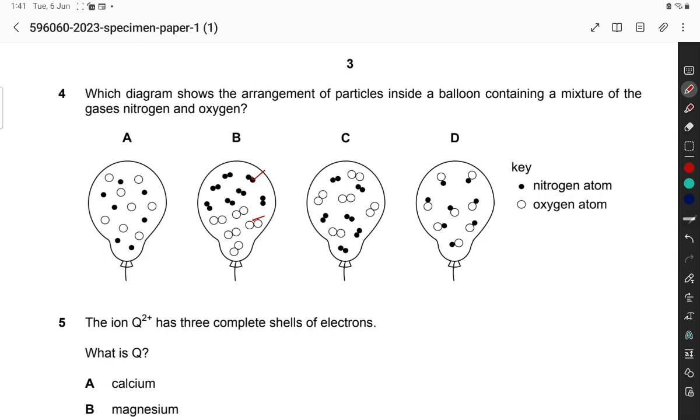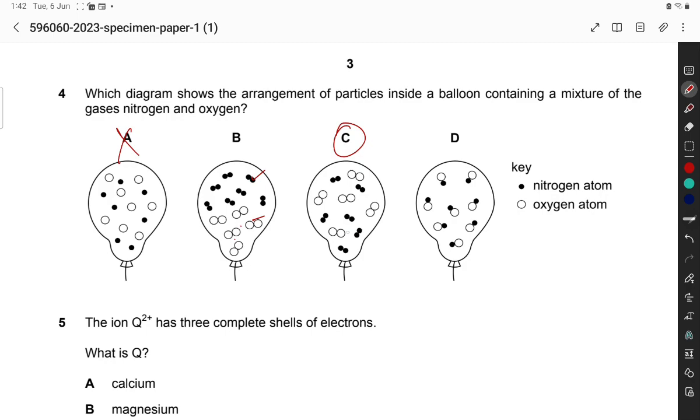This option is incorrect because nitrogen and oxygen both exist as diatomic molecules, but this is a regular arrangement, like all nitrogen atoms upward and oxygen atoms downward.